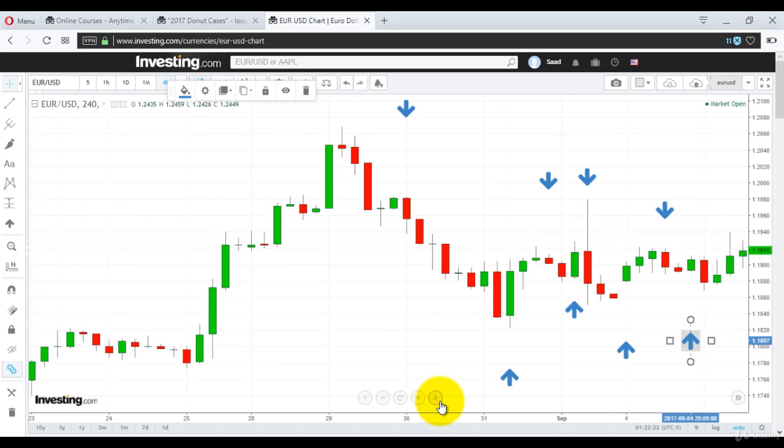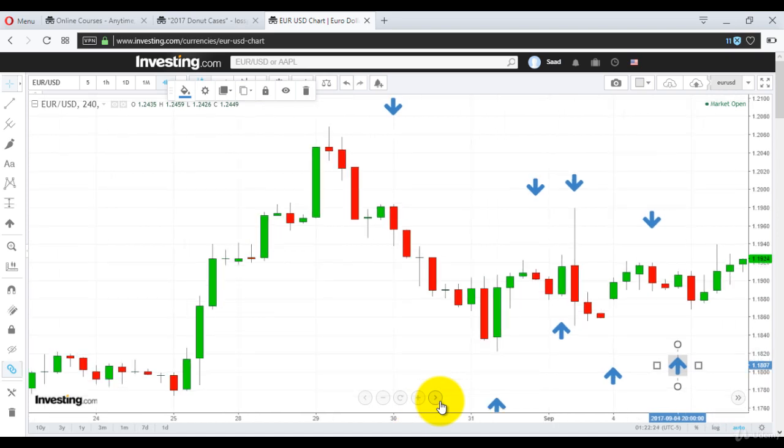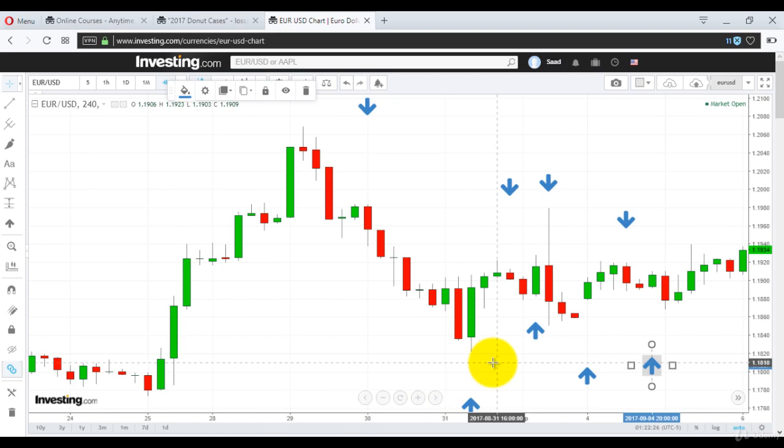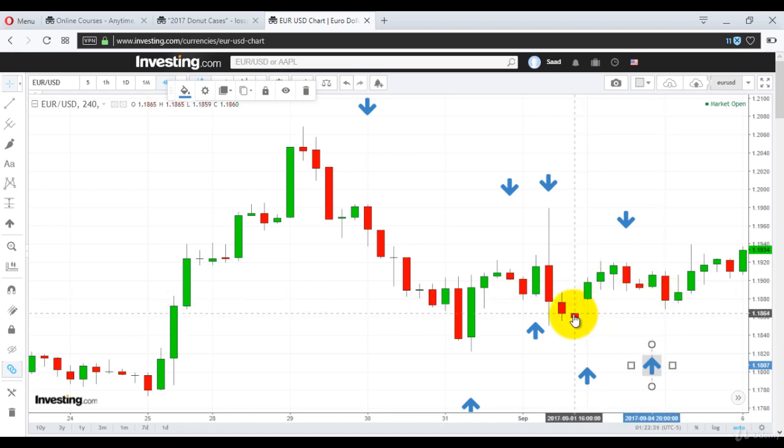The reason is simple: it will be trying again and again to come back and fill that low. Now if you look at this red candle, it did fill much of the gap and basically fulfilled the theory of coming back to fill it.